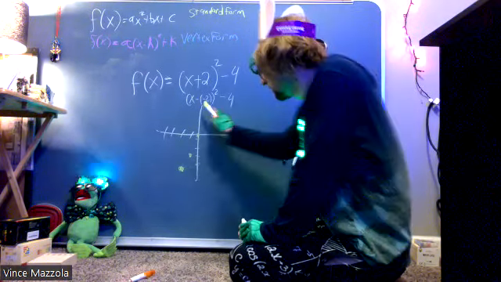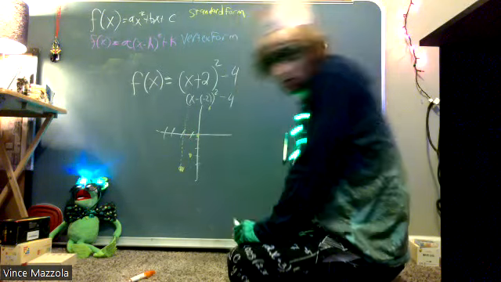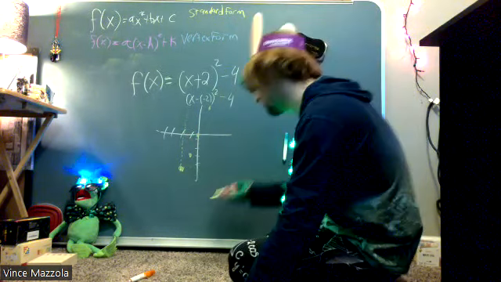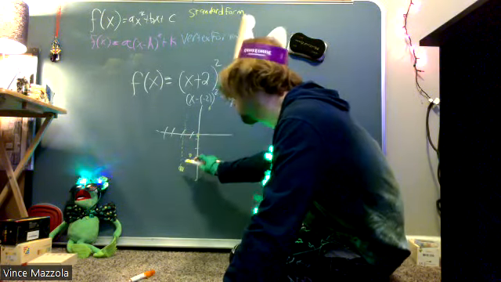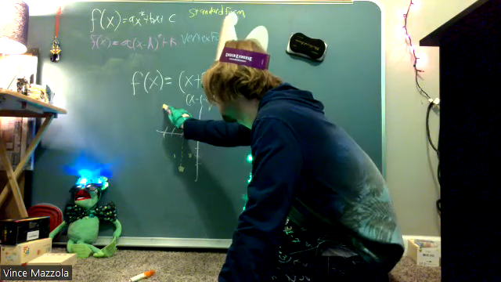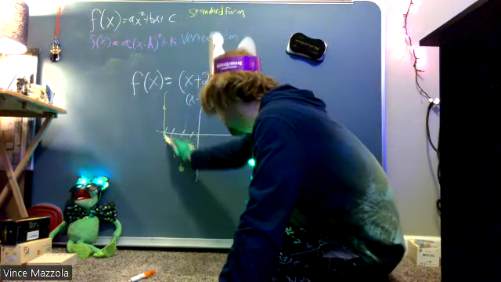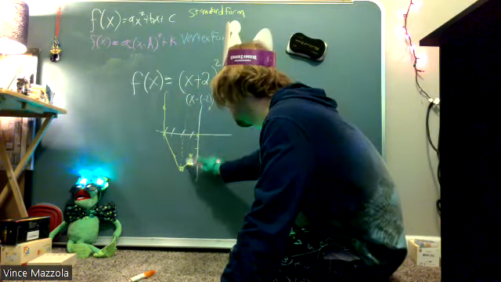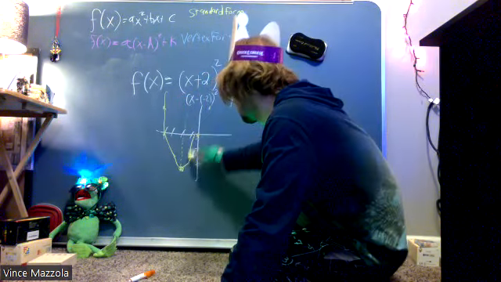And since the vertex is always located with the axis of symmetry, that means it is going to be reflected. It's symmetric about this axis of symmetry, so that means you could go left 1, up 1 as well. So this is going to perfectly match, because that's the nature of quadratics. Now, obviously, this is just a rough sketch, so we don't have to worry too much about it.